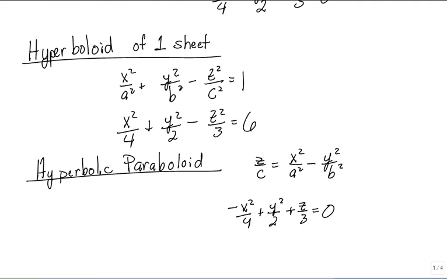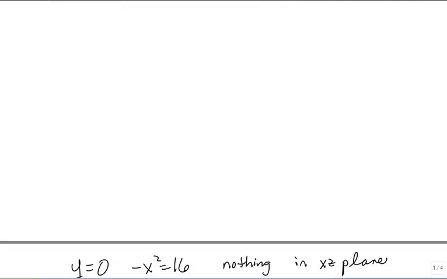And then finally, we will have something like this. It's called a hyperboloid of two sheets.